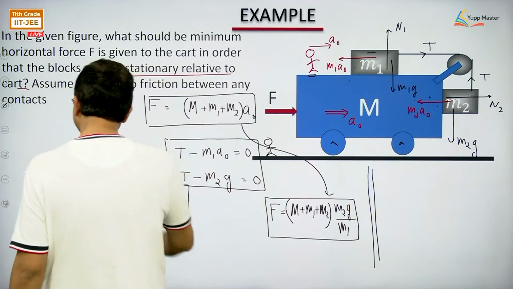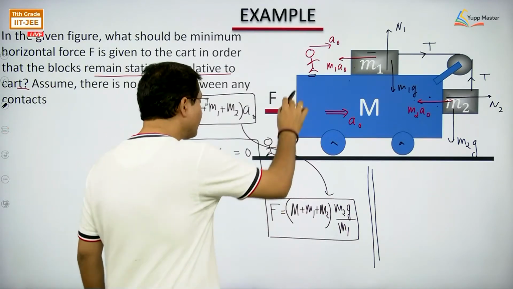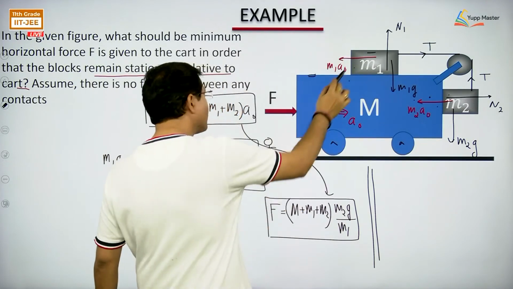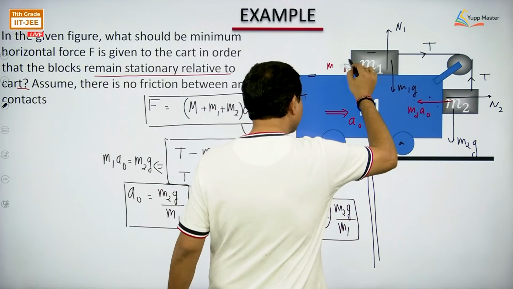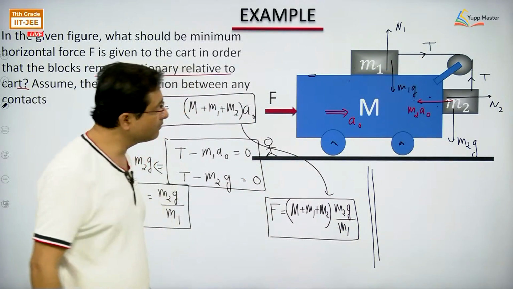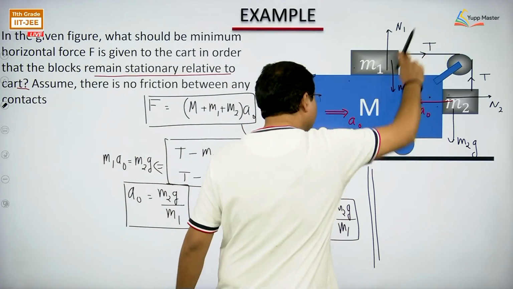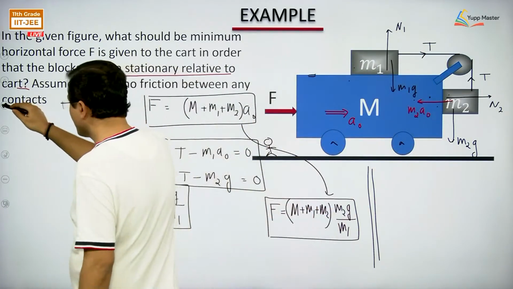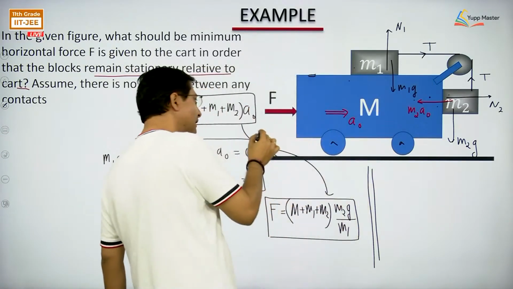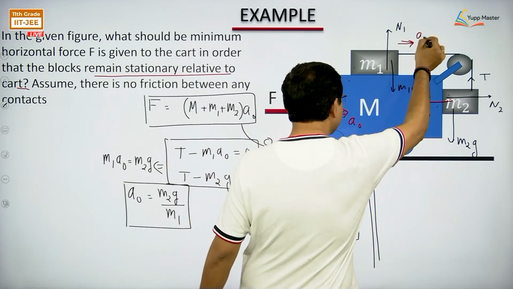Look at this one. If instead of this observer, I want to observe the motion of this and this block with respect to the ground observer, what will he observe? He observes that this block is going with acceleration A naught.